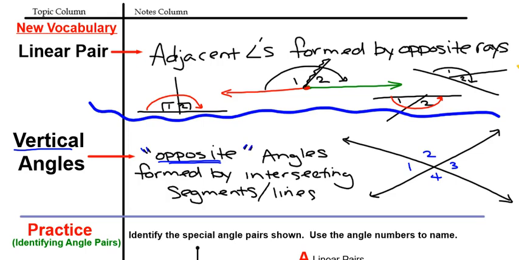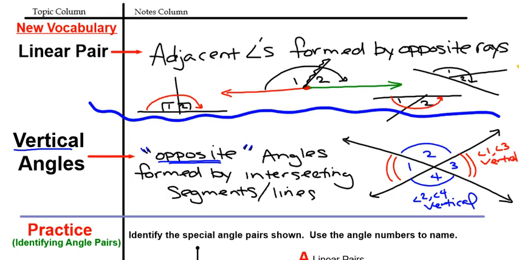That means in this picture, angle 2 and angle 4 are vertical. Conversely, angle 1 and angle 3 are also vertical.